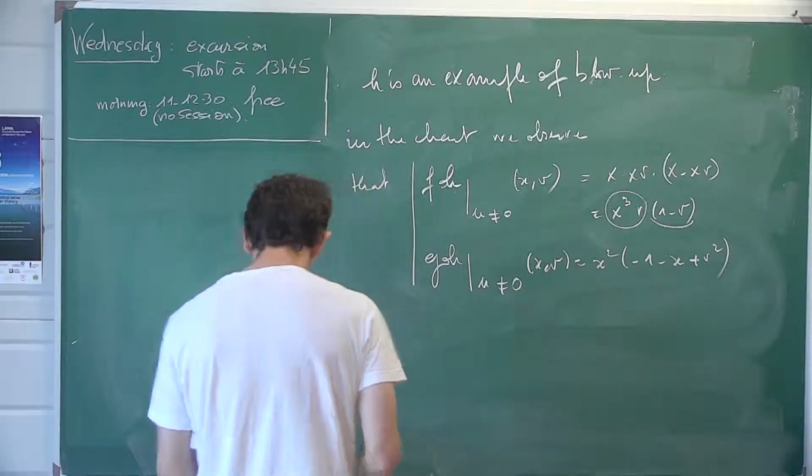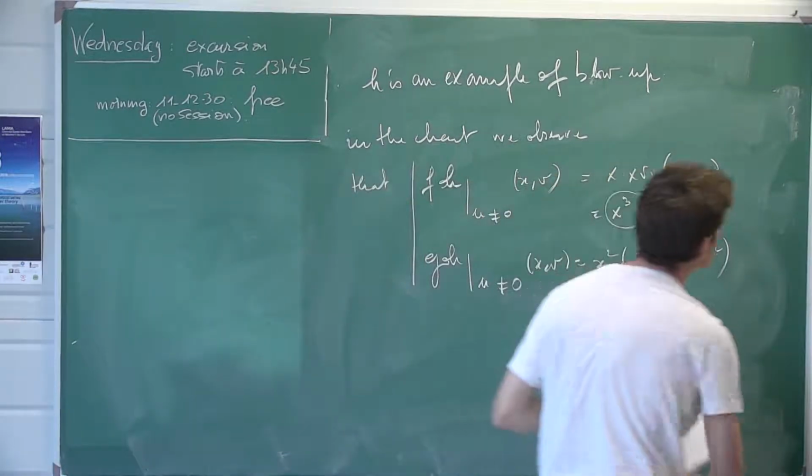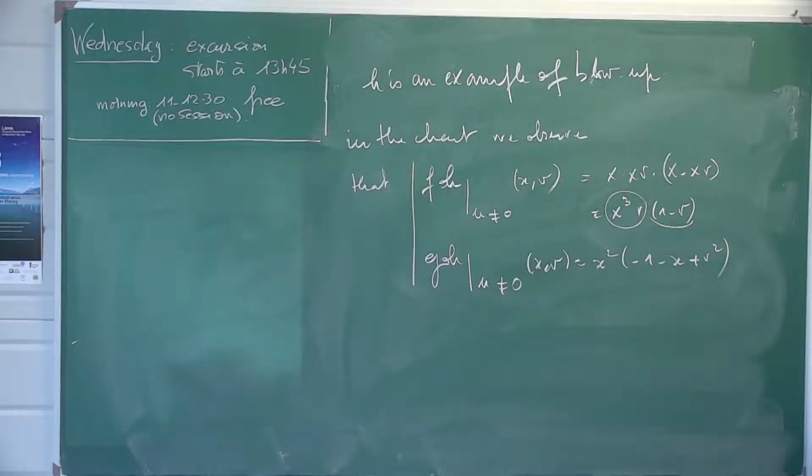Okay, so definition. You take an algebraic variety over K. I recall that the characteristic of K is 0.